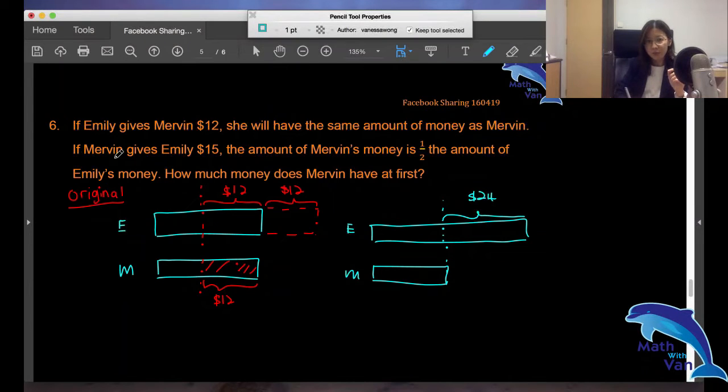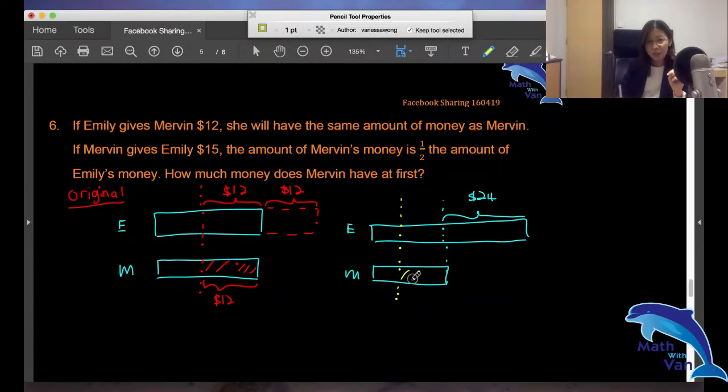So what is scenario 2? Scenario 2 is Mervyn gives Emily $15. So using the original, I can now add on the second scenario.